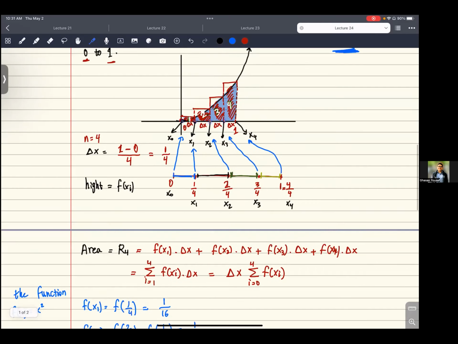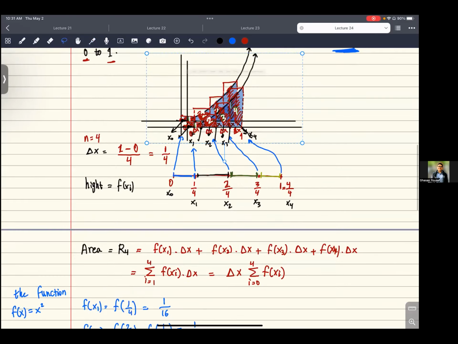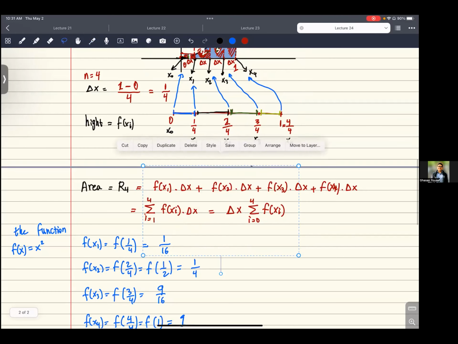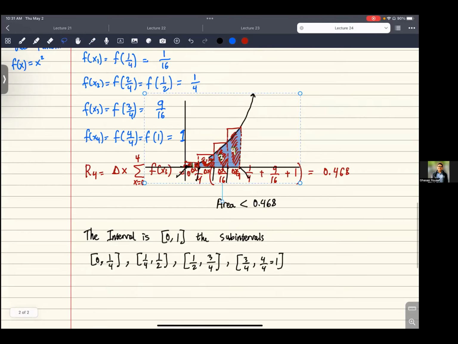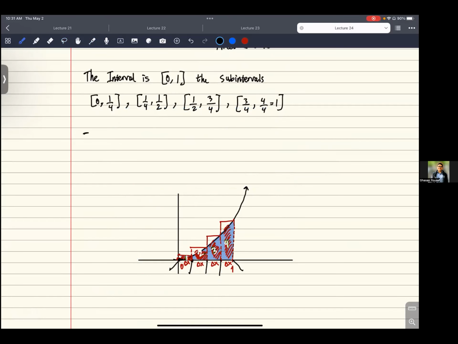Okay, so I'm going to do it very quickly. I'm going to take a copy of these things here, duplicated. Here, find the lower estimate of the area.